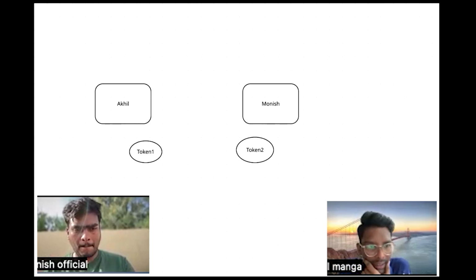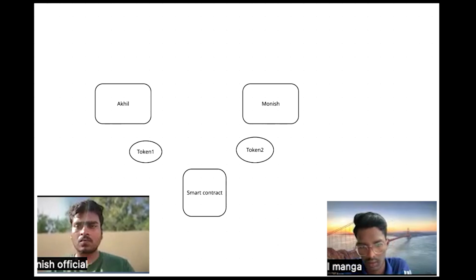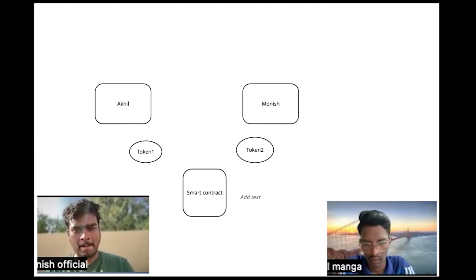We will create a smart contract. Let's say this is the smart contract. It will be in the form of code. Smart contract is nothing but a code.